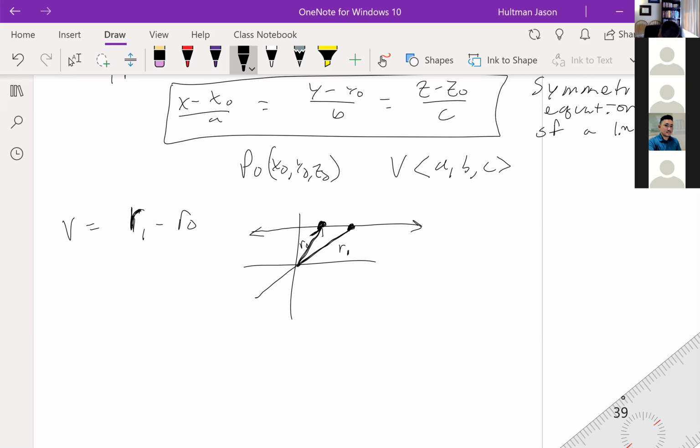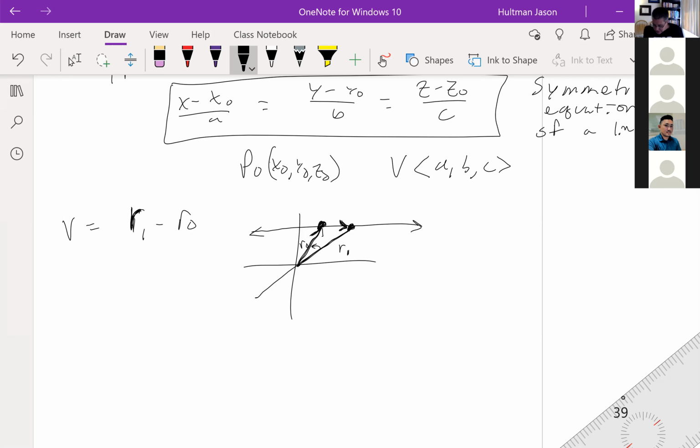So what is r1 minus r naught? Well, that's this vector here. Remember that triangle, right? When we have the triangle here, we go r1 into r naught, and we subtract.